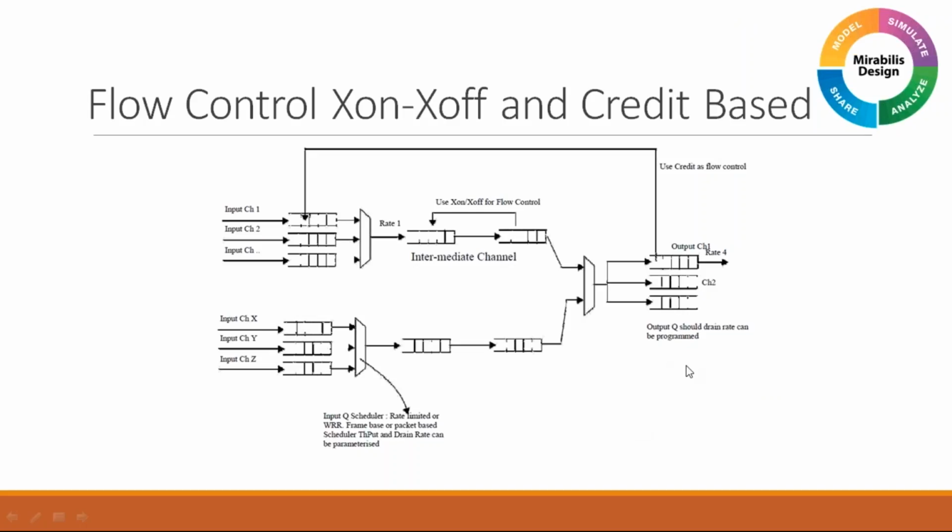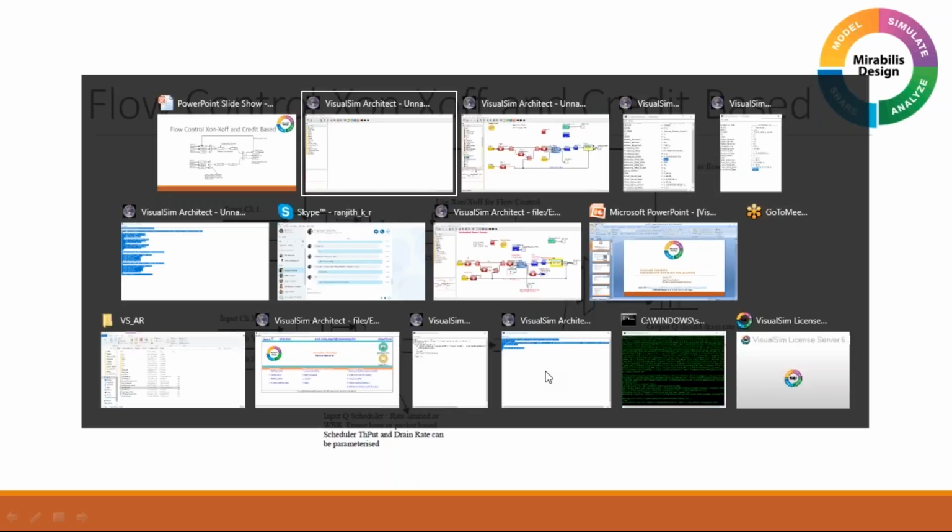I'll be starting off with a credit-based flow control algorithm, and then I'll be incorporating XON/XOFF flow control into the same system. Initially I'll start with a simple single channel communication, and then I'm going to add more complexity to this model.